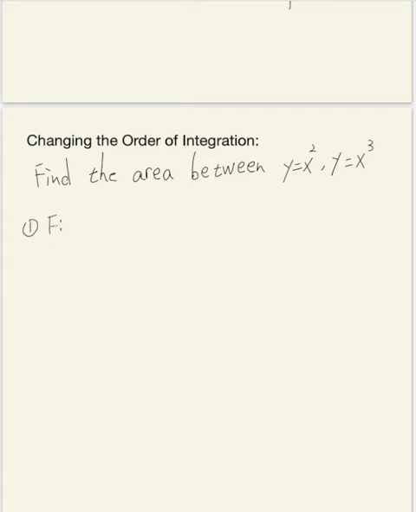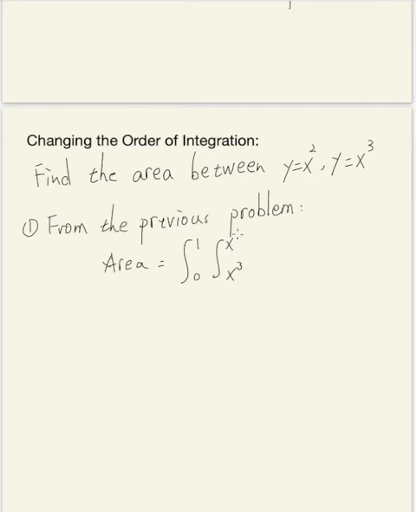Okay, first, from the previous problem, the area is the integral from 0 to 1 and then from x cubed to x squared, dy dx.